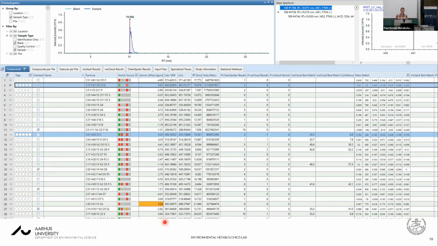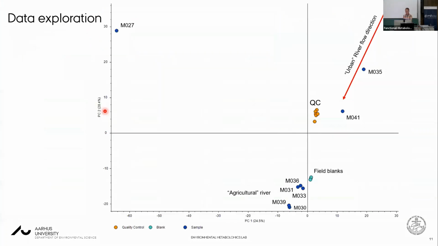When we are measuring, after we have acquired all the data, we are pulling it into this Compound Discoverer, and we get a long table of features. And we don't care what it is at this point. But when we do a PCA plot, it looks like this. Our pooled QC is here in the center and clusters nicely, which is good. This is what we want to see.